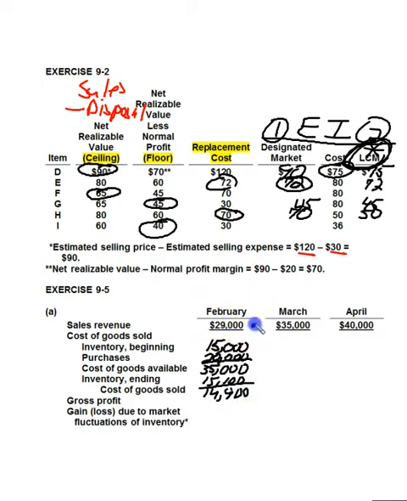Okay, then sales less our cost of goods sold of 19,900 will give us a gross profit of $9,100.